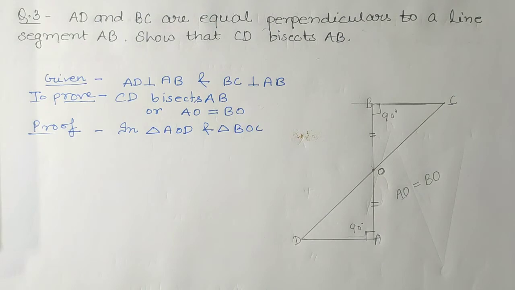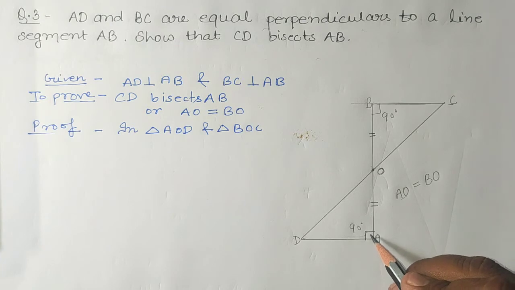Firstly, I've told you, whenever you are going to prove that two triangles are congruent, the first thing that you have to do is roughly think by which criteria you are going to prove it. So roughly we'll decide by which criteria we are going to prove it.